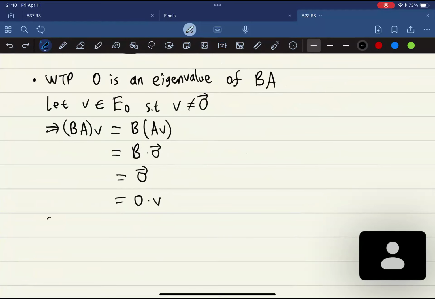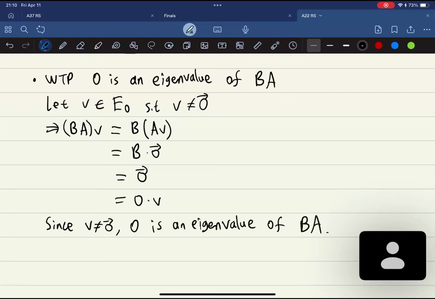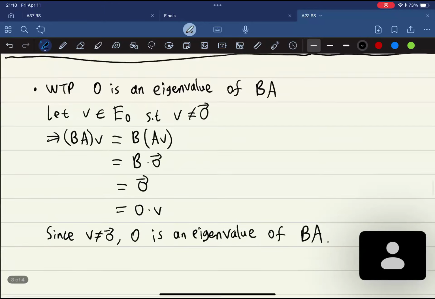Since v is non-zero, we get that 0 is an eigenvalue of BA. We can also use determinant multiplicativity, but I'm not sure if you have covered that in this class.